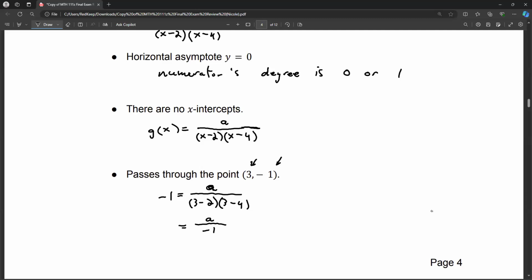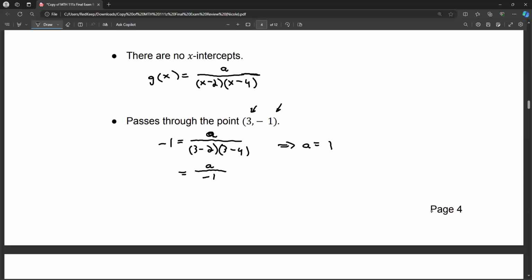I could do a few different things. One thing is you could just multiply by -1 on both sides. And you see that this implies that a is equal to 1. Perfect. So if we wanted to, we can just hand the reader the final result that g of x is equal to 1, that was our a value we just found, over x minus 2 times x minus 4. Perfect.